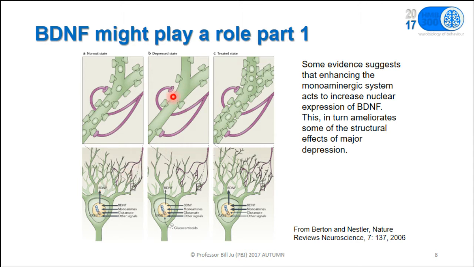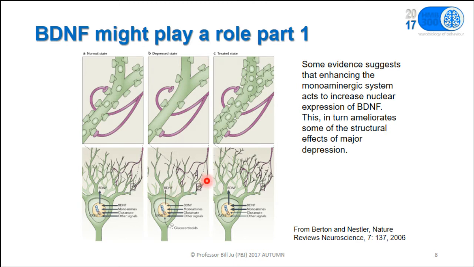We know that in a depressed state, for example, one of the things that happens is we lose synapses, we start to have atrophy occurring, and we don't really have quite the level of these different neurotransmitters, and these neurotransmitters therefore don't actually cause the signaling for the neuron to produce BDNF. So again, it's sort of a way to regulate the levels of BDNF.